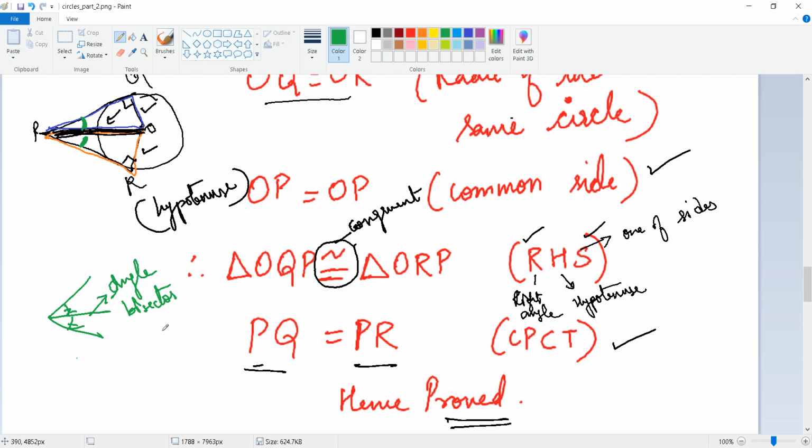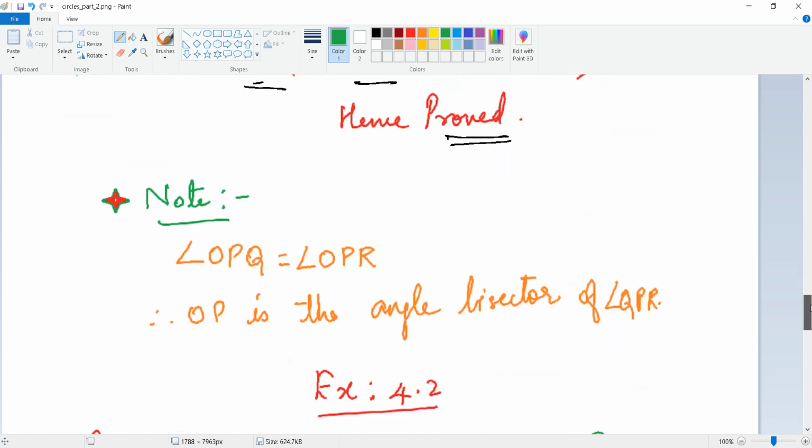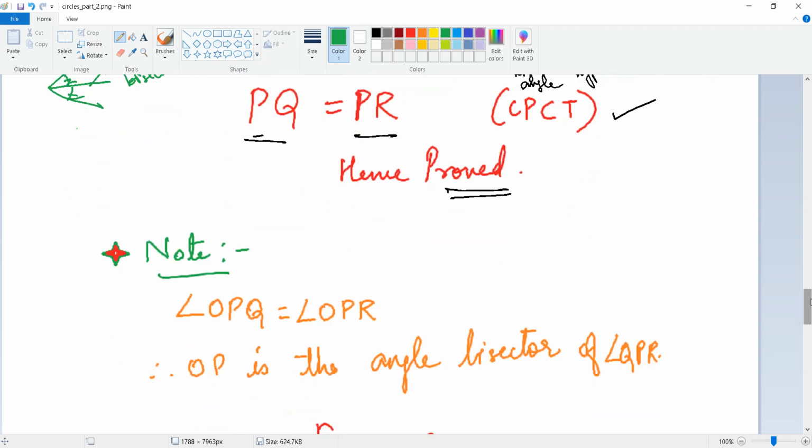Bisect means divides. So here I have written a note: angle OPQ is equal to angle OPR, therefore OP is the angle bisector of angle QPR.